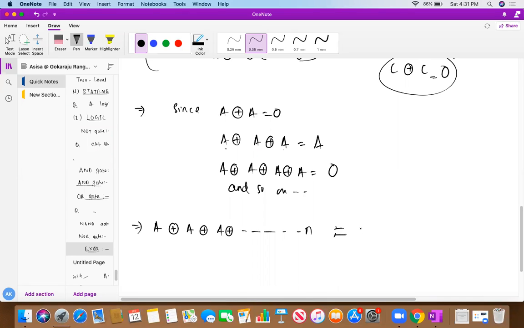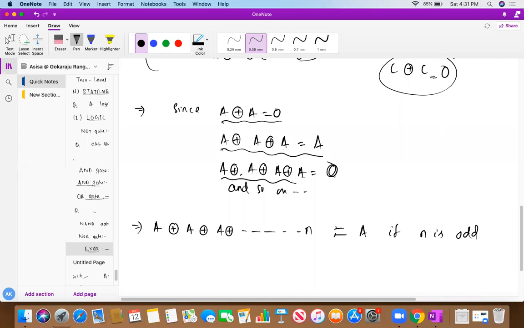It is A if n is an odd number. If n is 3, I get the function as A, it acts like a buffer. If n is even, I get output 0.